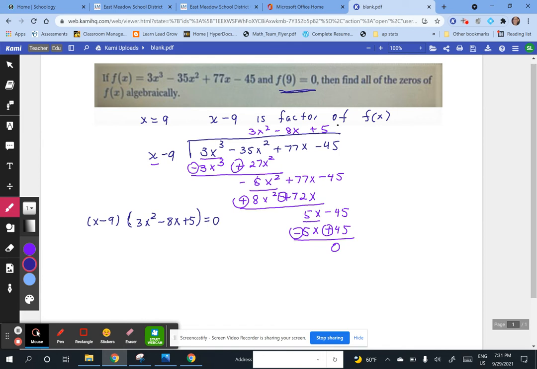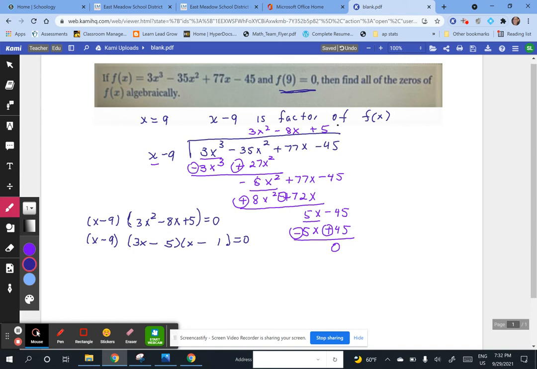And we're going to factor that trinomial using trial and error. So it's going to be 3x and x. Both signs are going to be the same, and they're both going to be negative. And it turns out if we do 5 and 1, it should work.